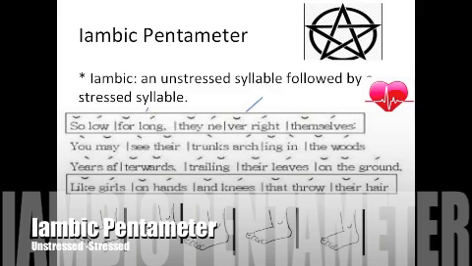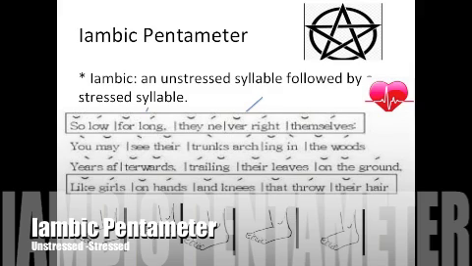So iambic just means that the way you say the word, it's almost like the sound of your heartbeat. Da-dun, da-dun. There's an emphasis on the second part, which is the stress, the second syllable. So low for long, they never write themselves.